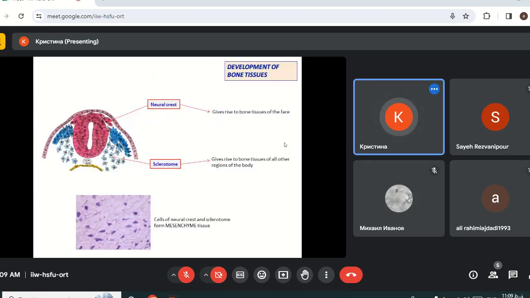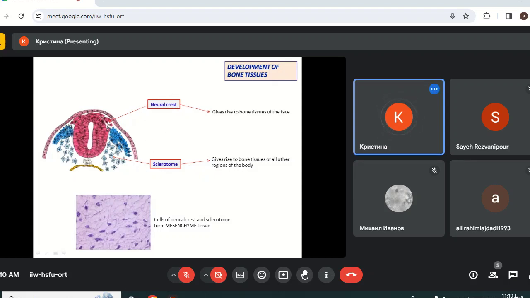As all other types of tissues of internal environment, bone tissues develop from mesenchyme, which develops from two sources, neural crest and sclerotome.